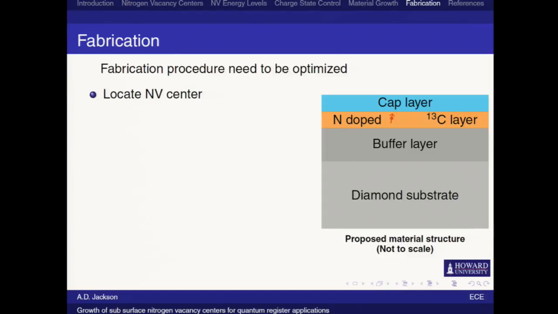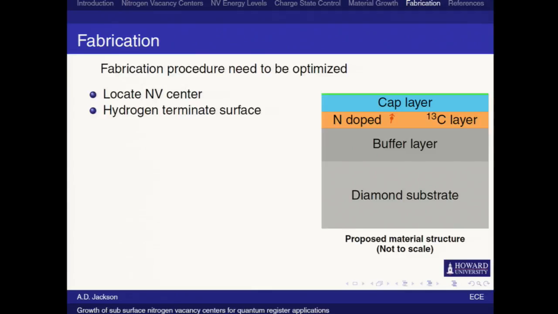So we locate the NV center, and that's typically done with just a confocal microscope. And then once we locate the NV center, we fabricate around the NV center. But we need to get the hydrogen termination first.